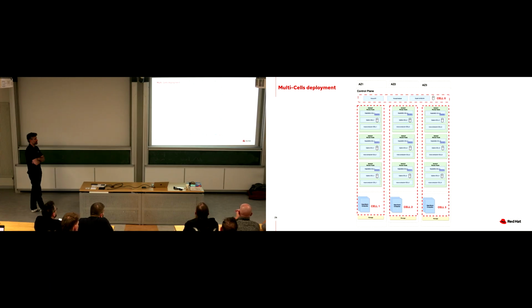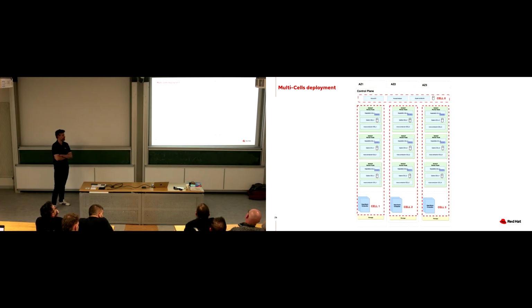Each RabbitMQ will only manage the traffic and the communication of the cell in question, and each Galera cluster will only store information related to the dedicated cell, okay? And eventually compute nodes related to the cell. So as you see, for each AZ here, we represent the AZ as a Nova cell.